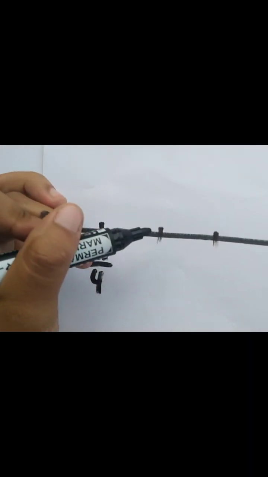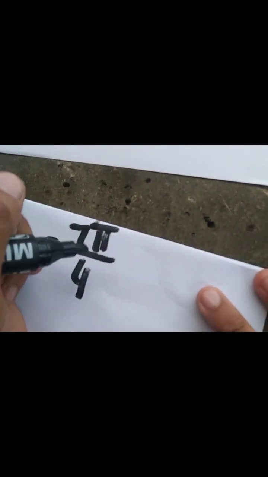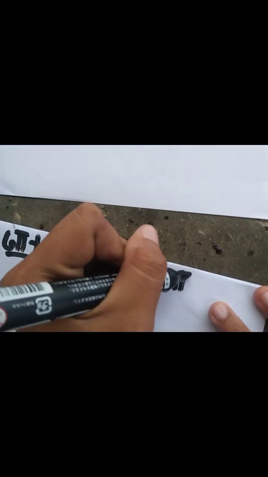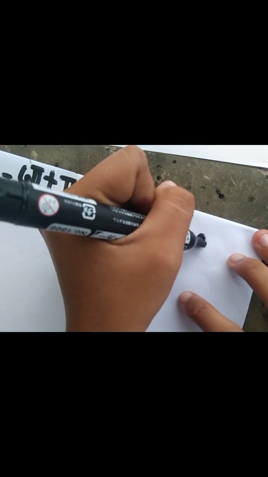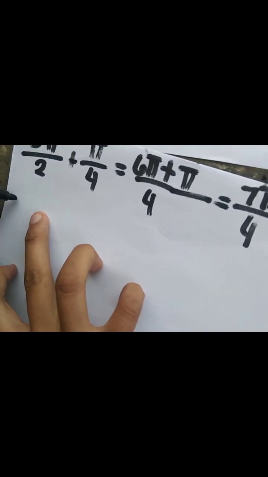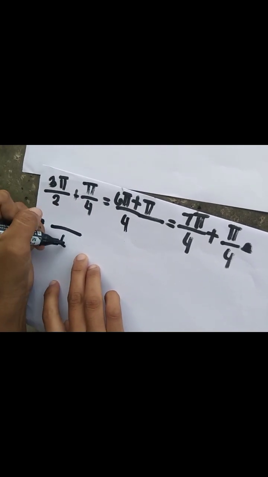Then the next point is the same process as we did. 7 pi over 4 plus pi over 4 equals, we'll get the LCD, which is 4.